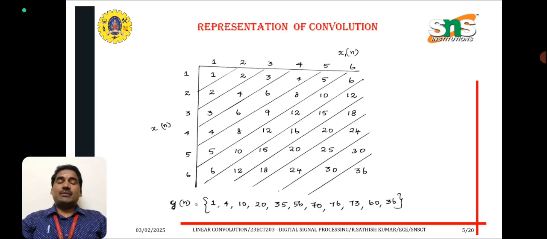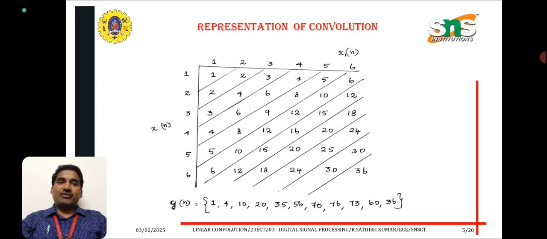Finally, by using the tabulation method, we get the output y of n equal to 1, then 2 plus 2, which is 4, then 3 plus 4 plus 3, which is 10, then 4 plus 6 plus 6 plus 4, which is equal to 20, and then 5 plus 8 plus 9 plus 8 plus 5, which is equal to 35, and then 6 plus 10 plus 12 plus 12 plus 10 plus 6, which is equal to 56.